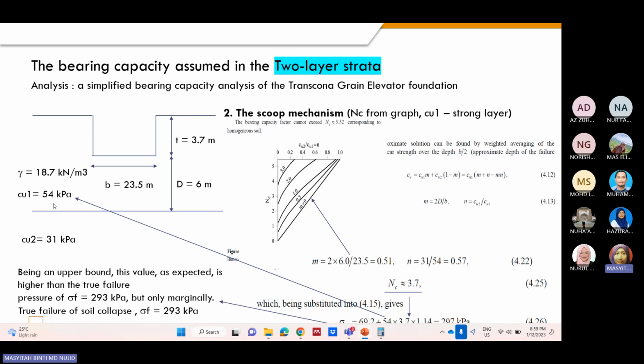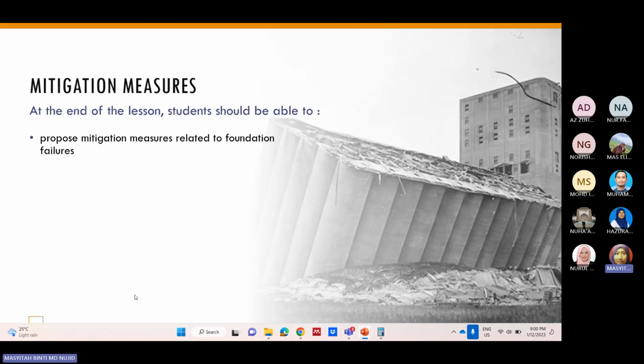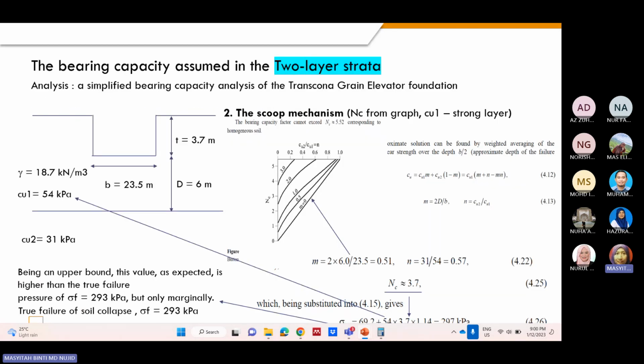Because 54 kPa is the true failure mechanism assumed to occur in the first layer, with NC corrected according to the ratio N and also the ratio M. From this analysis the value is 297, which is quite close to 293. So it is more suitable and gives the right answer, instead of using the primary failure mechanism for the two-layer soil strata problem.